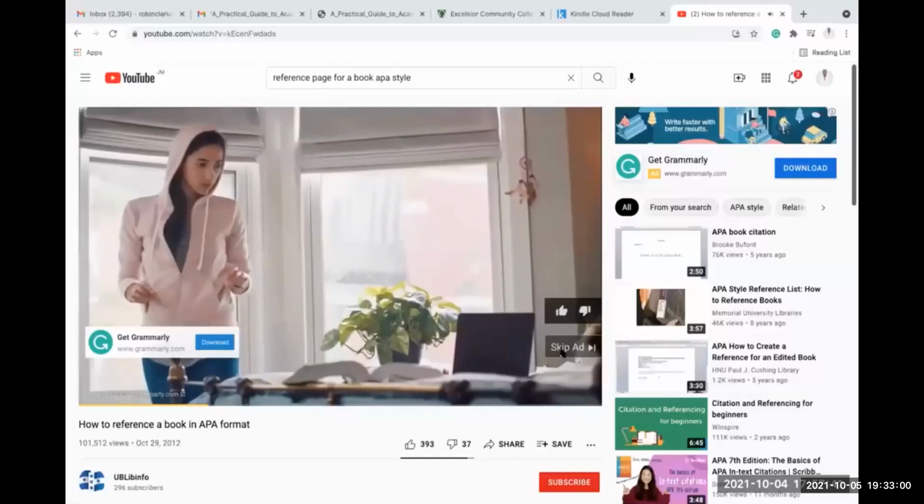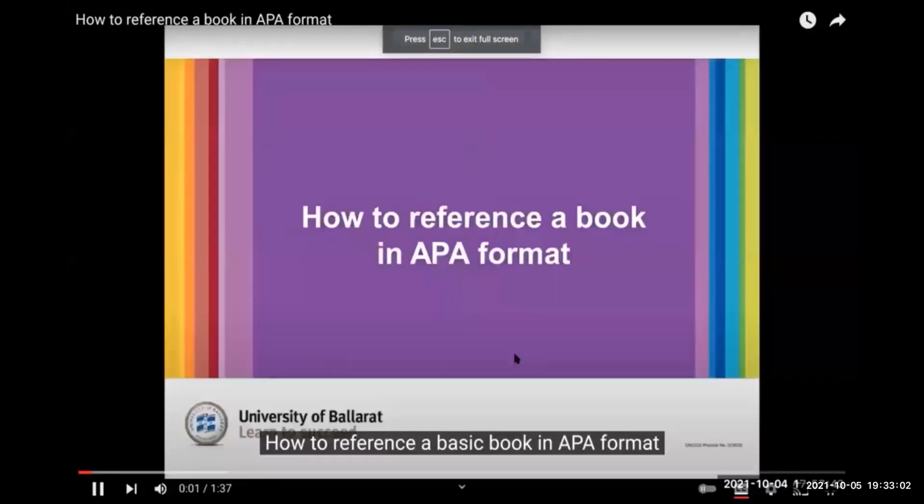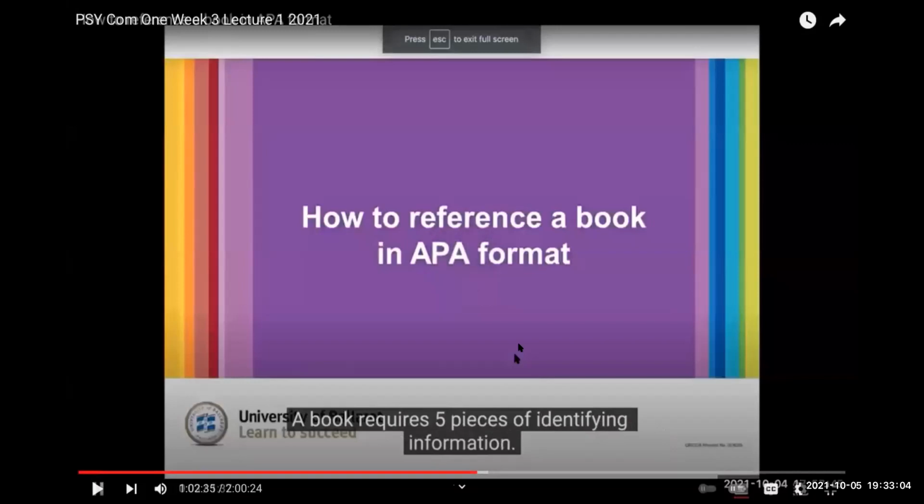All right. How to reference a basic book in APA format. All right, so all of that, what I was doing, this is again now just reinforcing what I was doing before. So this part is also very important, but all it is doing is just really reinforcing.